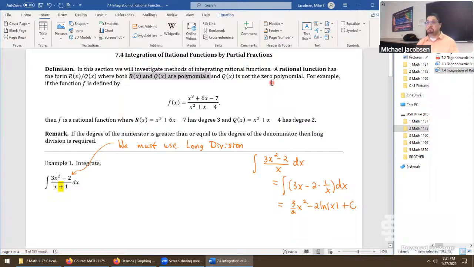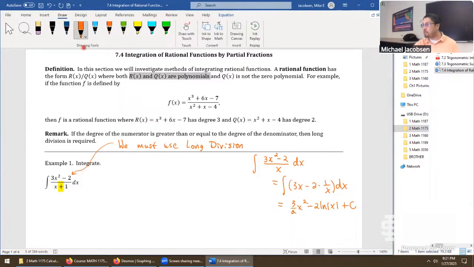Yeah, go ahead. Could you do division by polynomials to simplify it? Like divide it as a polynomial? This one right here? Yeah, that's what we're going to do by saying long division. We'll be really doing polynomial long division right here. In fact, let's say that right here just to be specific. We'll use the strategy of not ordinary long division, but, it gets more exciting, polynomial long division.